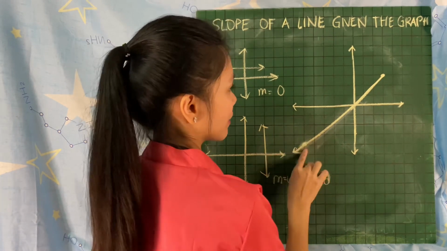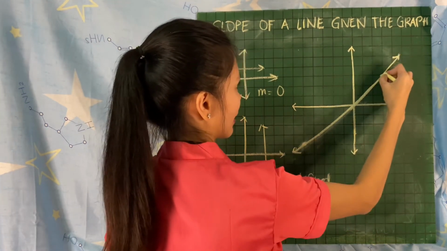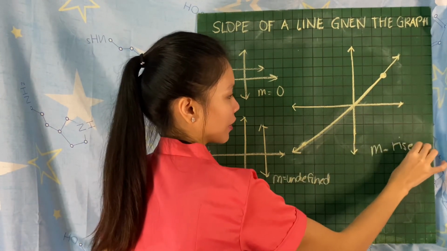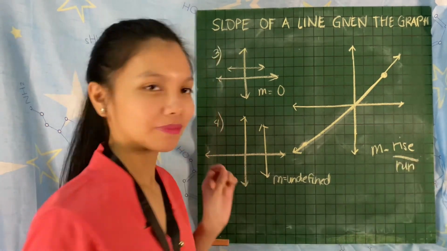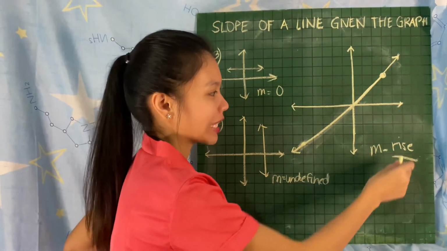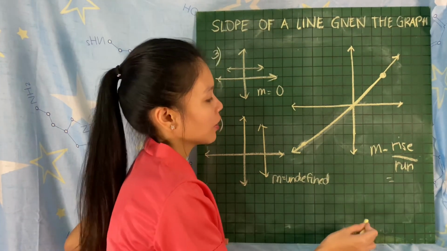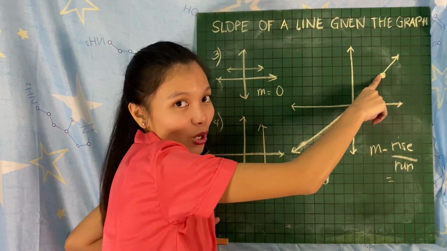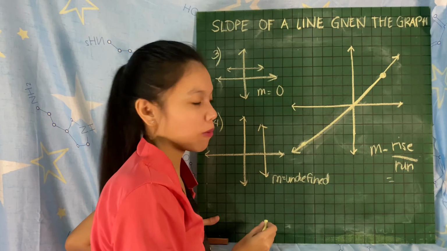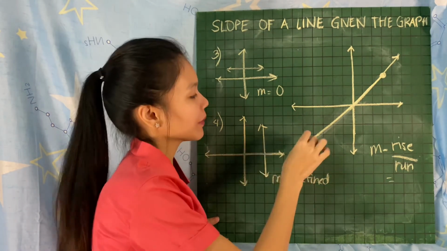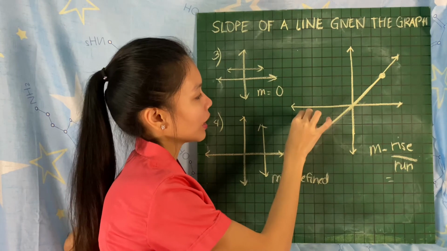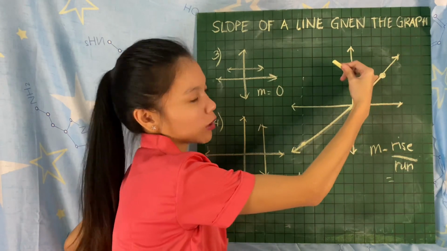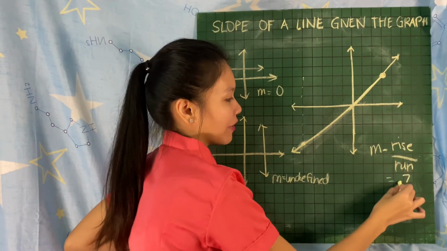We have this point and this point. Always remember the rise over run. Now we're going to count first the rise for our numerator. From this point, aakyat tayo hanggang sa tapat nitong point na to para makuha natin yung change in y. Ilang steps ang gagawin natin? We have 1, 2, 3, 4, 5, 6, 7. Katapat na natin itong point na to. So, for the rise, we have 7.